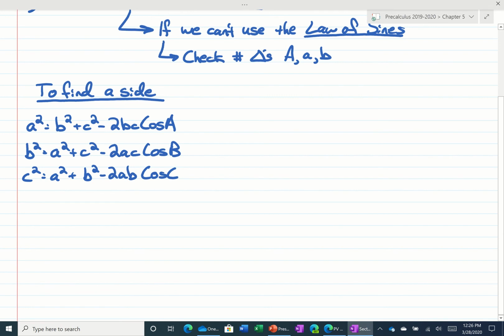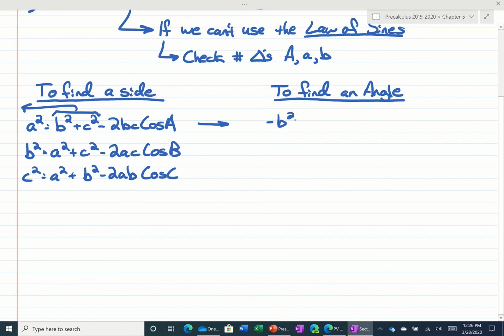Now we could rearrange these. Take a look at this one. If you want to find an angle, let's rearrange this. I'm going to bring b squared and c squared to the other side. You don't have to write this part down.